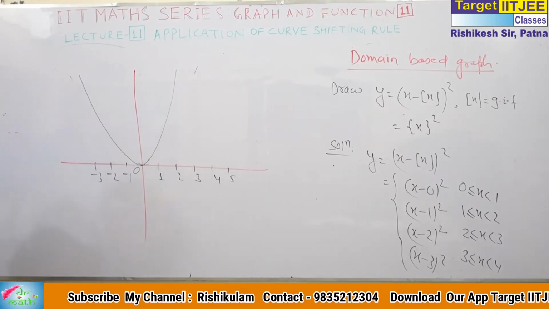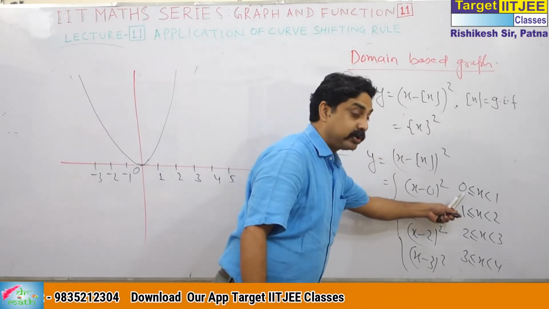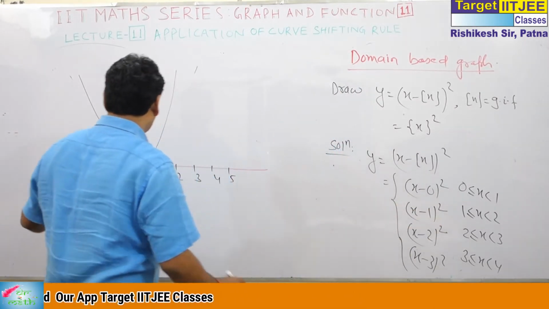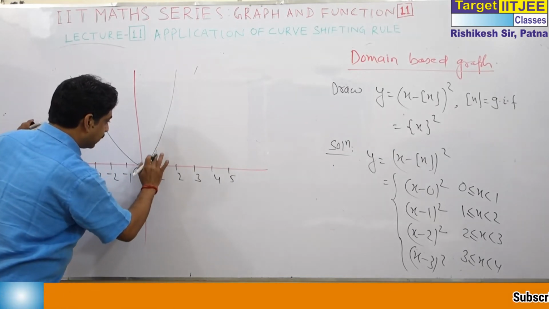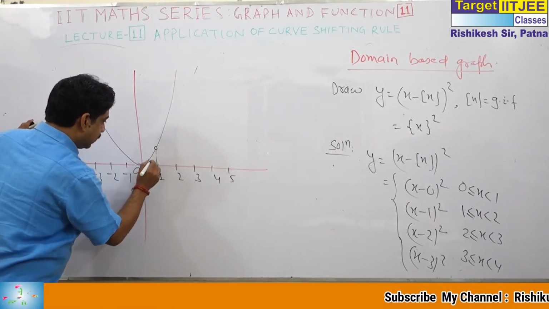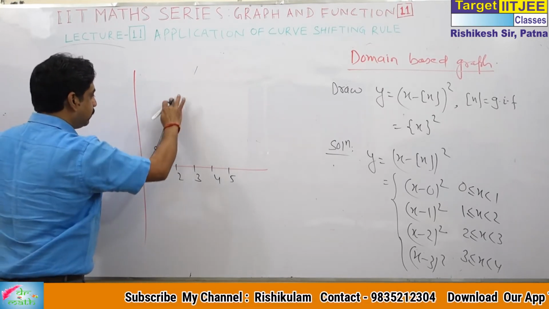Now I am satisfied. This is the graph of x², and its domain is [0, 1). We do this graph for [0, 1), and at 1 this will be an open interval. The remaining part doesn't matter.